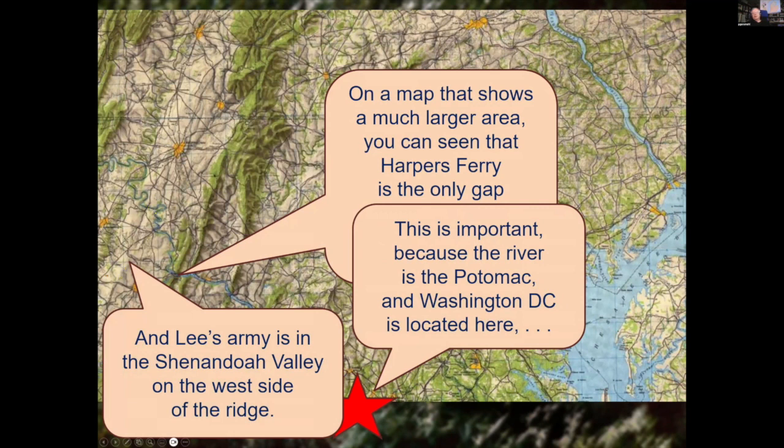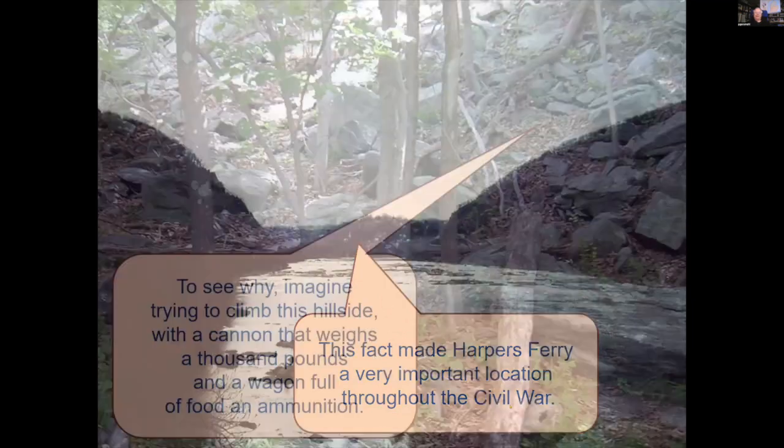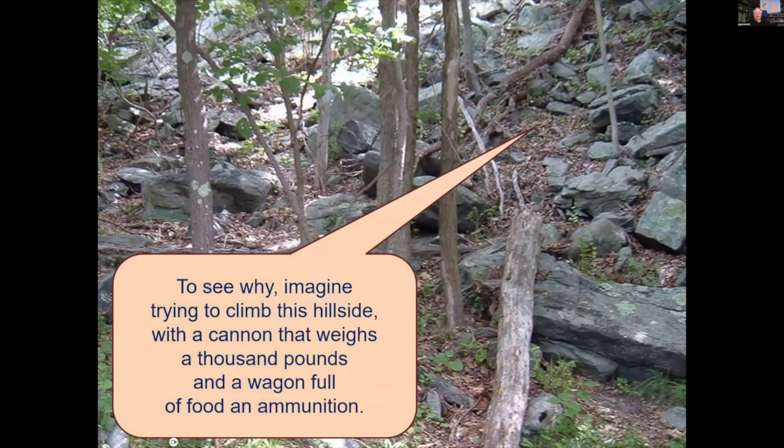Now, soldiers can climb up over that ridge, you know. It made Harpers Ferry an important location because of the difference between a soldier and a cannon. A soldier can probably walk up this hill. There is no way that you can drag a 1,000-pound cannon and a wagon full of, what do we say, flour and cannonballs.